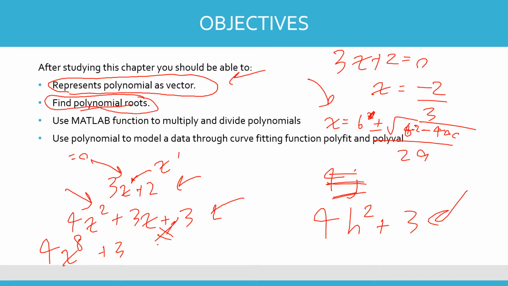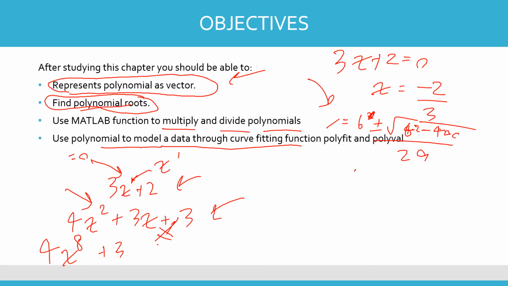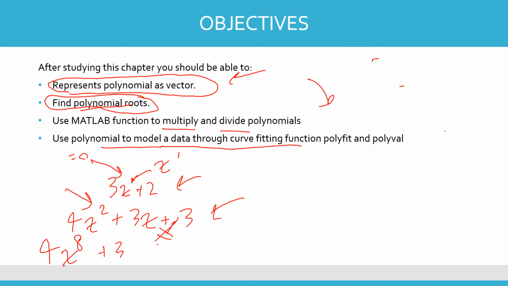Then you will learn how to multiply and divide polynomials, and also how to use a polynomial to model data through curve fitting. I think you already learned about this, and you can also use your calculator to do curve fitting.